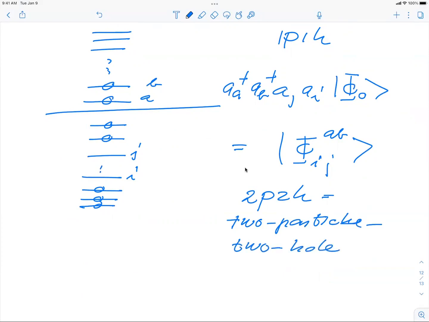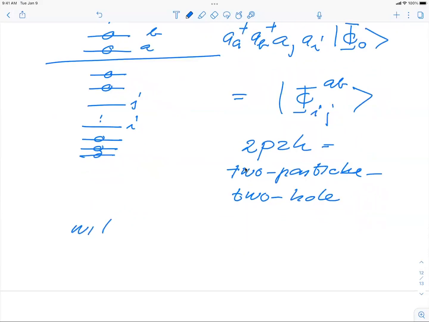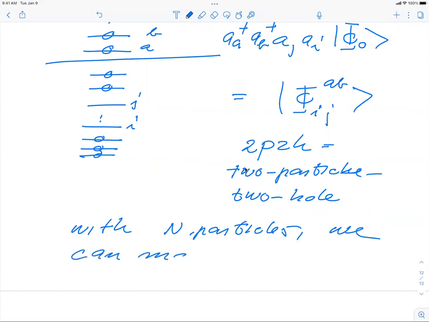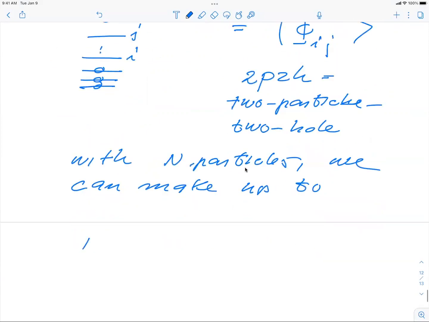And then you can continue like this and build up all kinds of excitations. So with n particles, we can make up to n-particle, n-hole excitations, or n-particle, n-hole states.